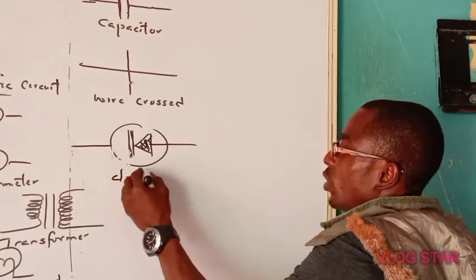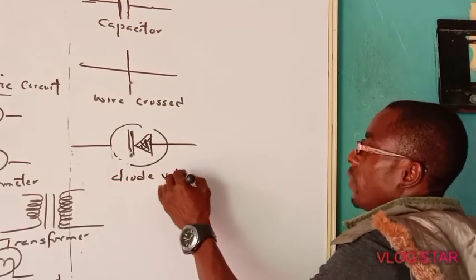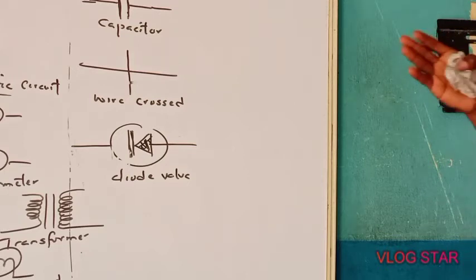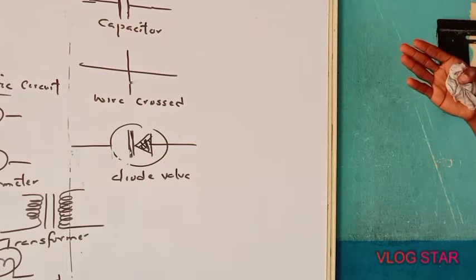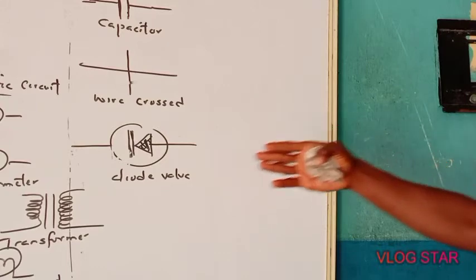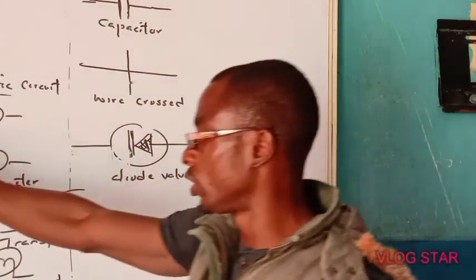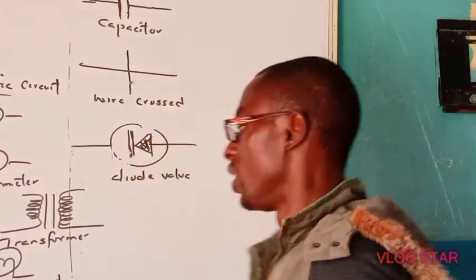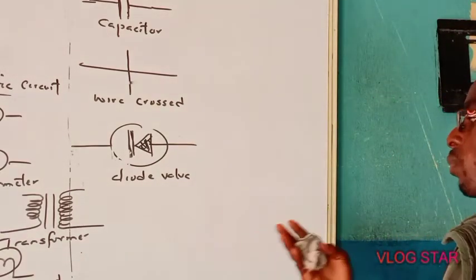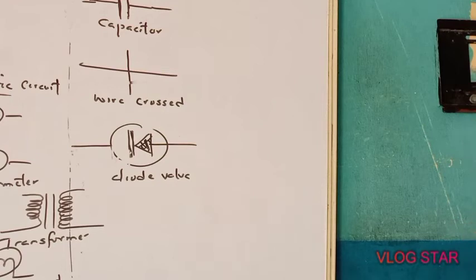This is a diode valve. So I've shown you cell, and it depends between cell and battery. I've shown you galvanometer, meter, milliammeter, switch. All these are switches, the tapping key, the plug key. Then I've shown you inductor, resistor box, rheostat, resistance, bulb or filament, transformer.